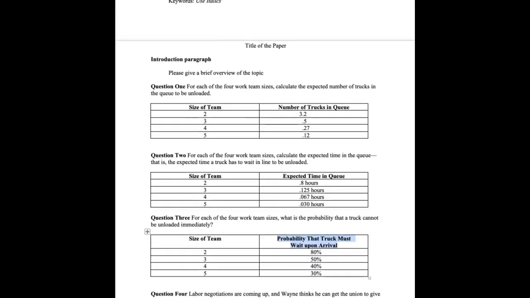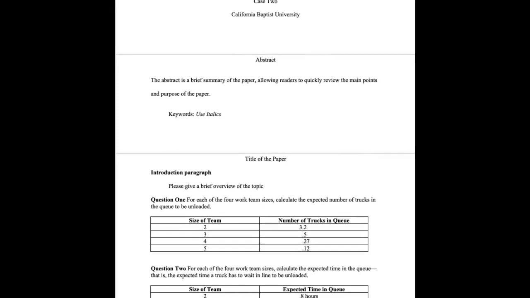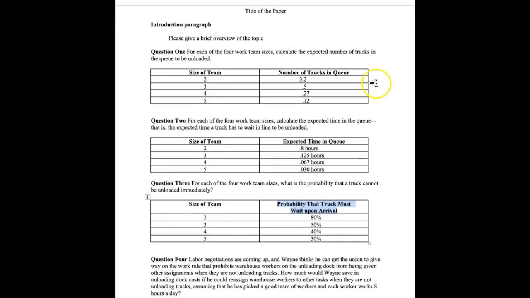Okay, you guys have been doing a great job with your papers. Here's your name, title page, abstract, next page, keywords. Some of you are still forgetting to do the keywords for your abstract. Make sure that you do include it. Then the title of the paper, and I had here the introduction paragraph. Some of you have been adding that to your header. I didn't mark down.